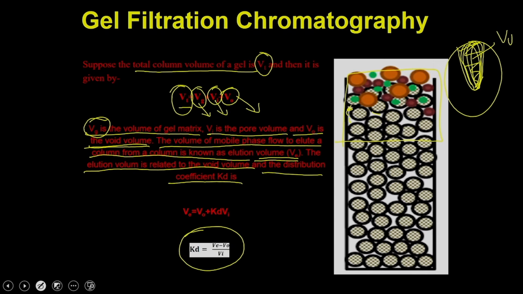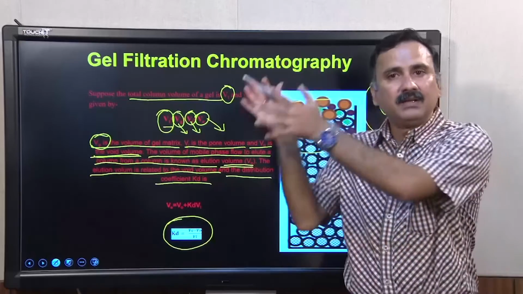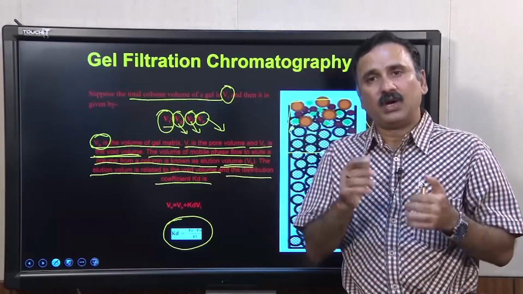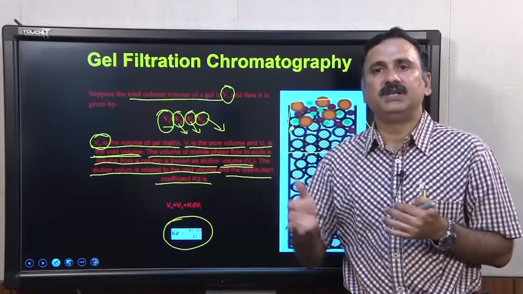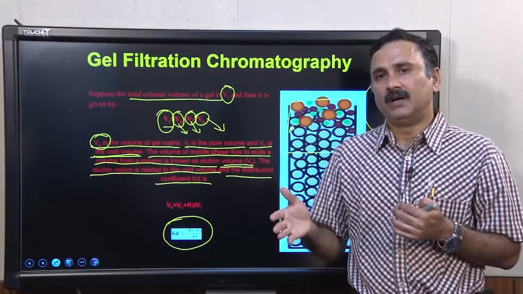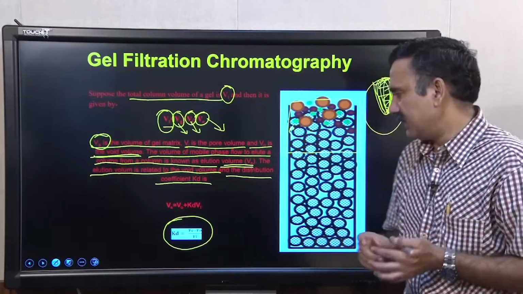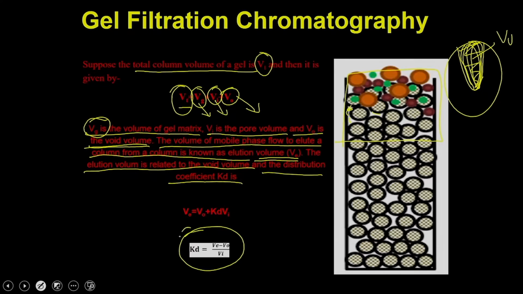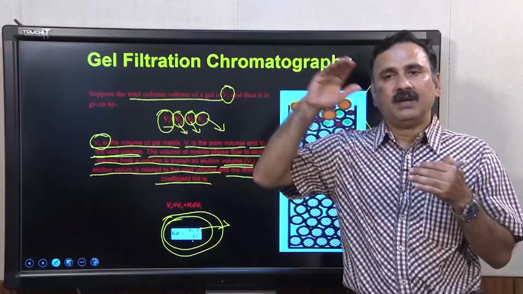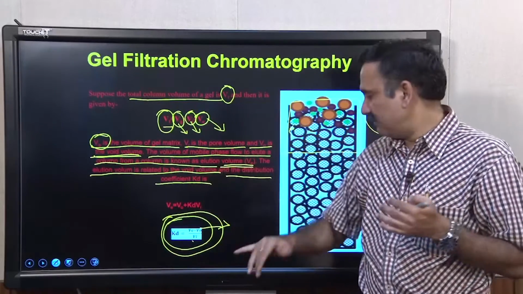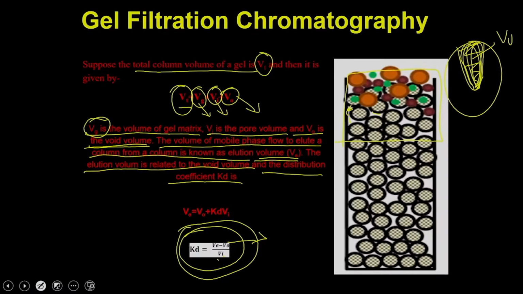So, the molecules are going to be distributed between the Vi and the rest of the volume, and the ratio of that proportion is known as the distribution coefficient, Kd equal to Ve minus Vo divided by Vi, because this is the outside volume in which the molecule is present versus the total pore volume.